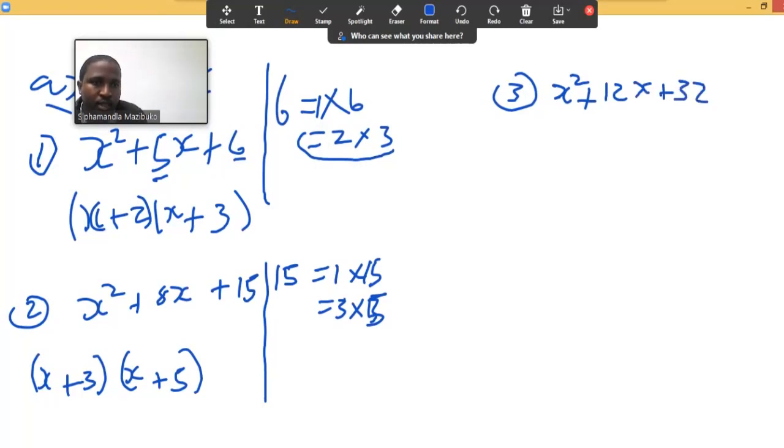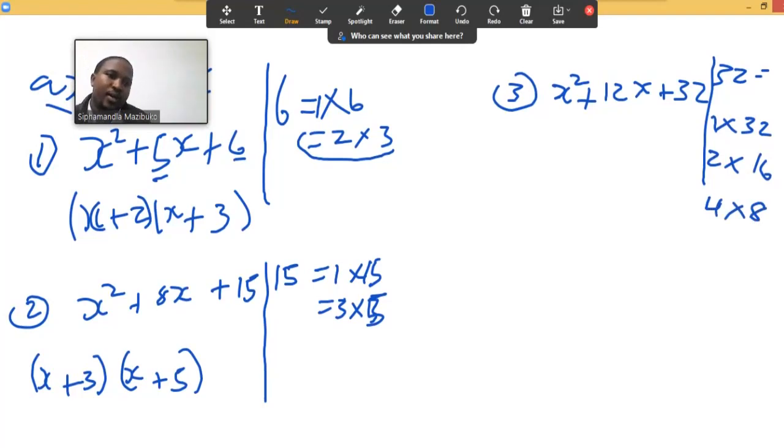So we do the same thing. We need to find the factors. So the factors of 32, that is what we're looking for here. If you're looking at the factors of 32, 32 can be 1 times 32, or 2 times 16, or 3 doesn't make it, but if you look at 4 times 8, then it can do it. So we have these factors.